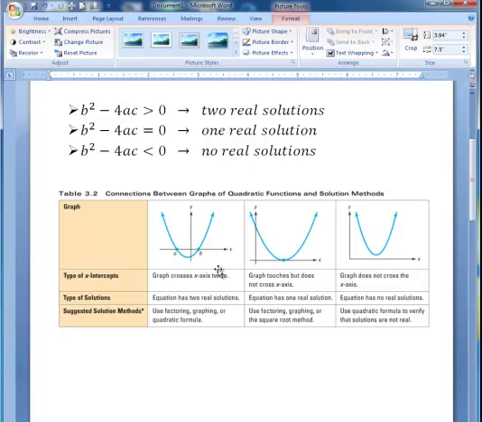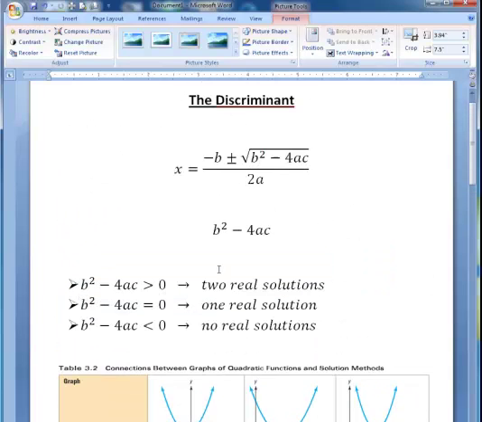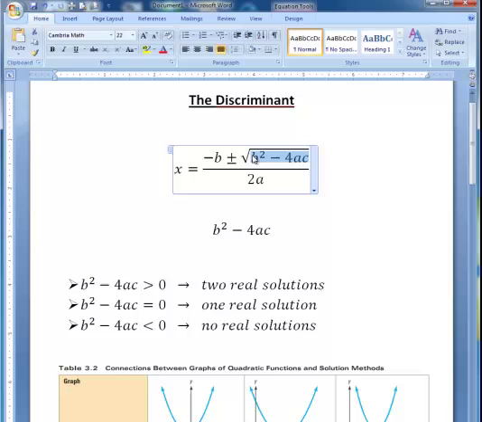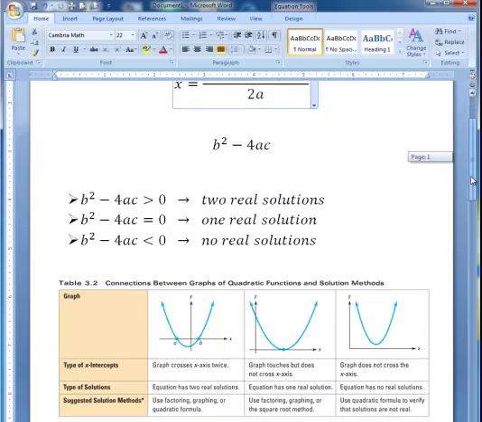When you think about it, if we go back to our quadratic formula up here, if b squared minus 4ac is equal to 0, the square root of 0 is 0. So adding 0 and subtracting 0 are basically the same thing. So this whole piece of the quadratic formula basically disappears, and I simply get negative b over 2a, which is a single solution because I eliminate the plus or minus part in the numerator when it equals 0.